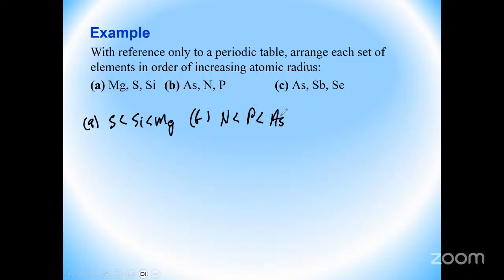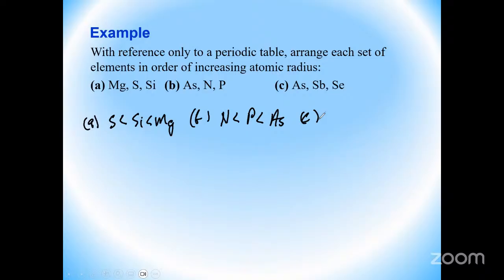All right, so the third series, C, you're given arsenic, antimony, and selenium. Arsenic is there, antimony is right below arsenic, and selenium is to the right of arsenic. So which would you expect to be the smallest in size? Sure about that?